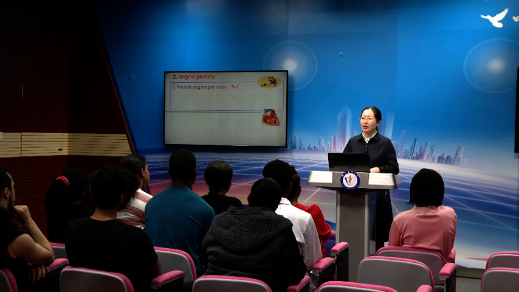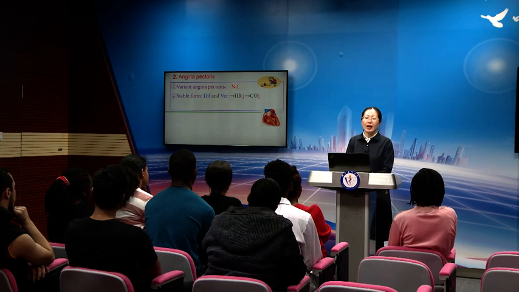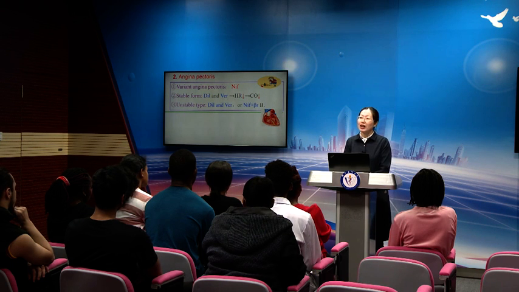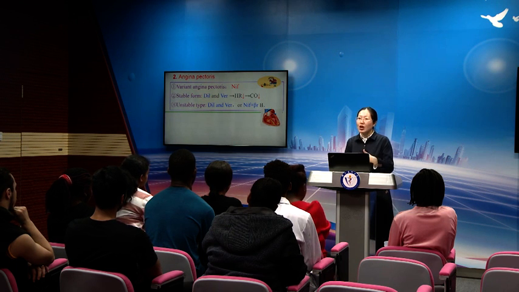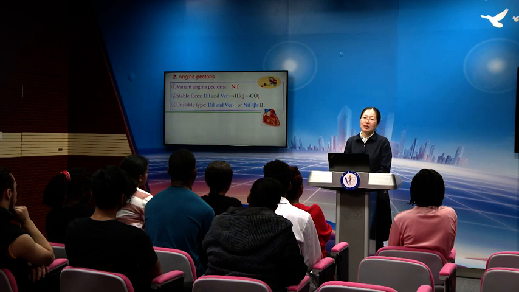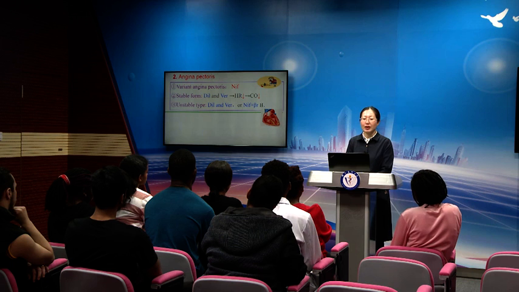spasmodic vessels. For stable and unstable angina, we can use CCB, but your first choice agent is nitroglycerin. If you co-administer with CCB, you should use verapamil. Okay.